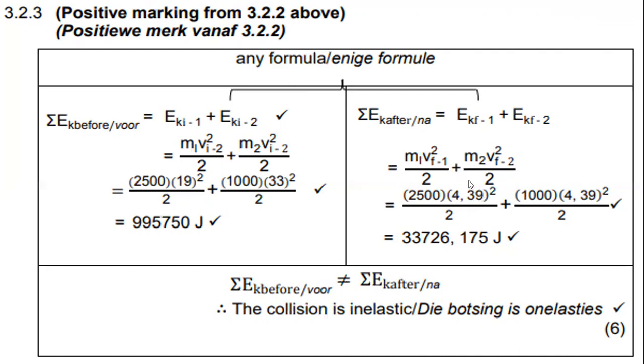We recalculated and we found that it is 4.14 meters per second. So when you do your calculation, it will then give you 2,500 multiplied by 4.14 squared divided by 2.